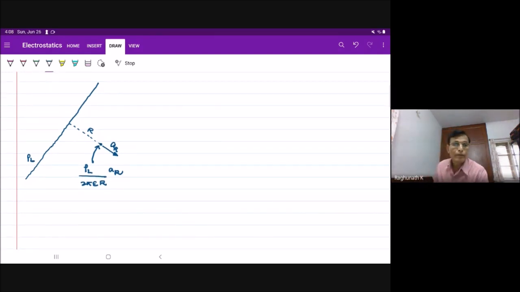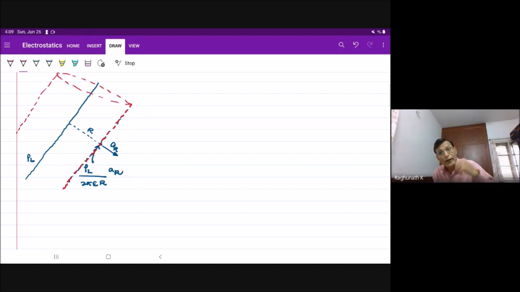And the expression is same at any point on the cylinder of infinite length passing through the point of interest, having the line charge as its axis.